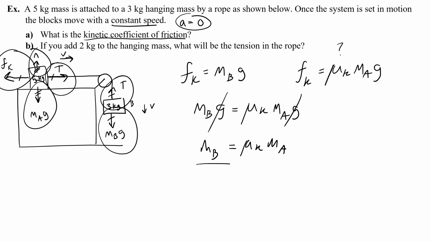When I want to find mu k, I'm just going to divide both sides by the mass of A, and exactly like in the last problem, I get that the kinetic coefficient of friction is the ratio of the hanging mass over the mass on the top of the table.